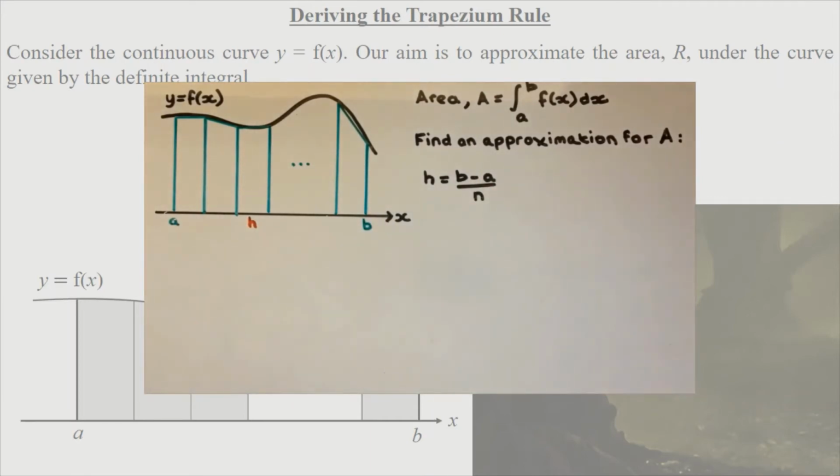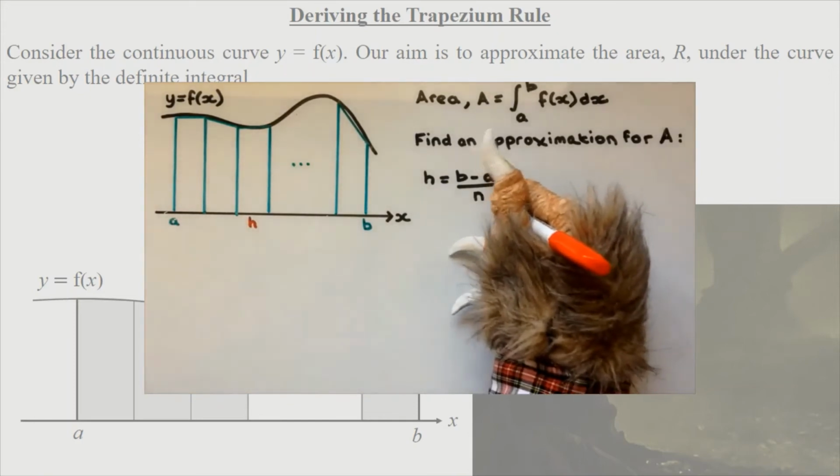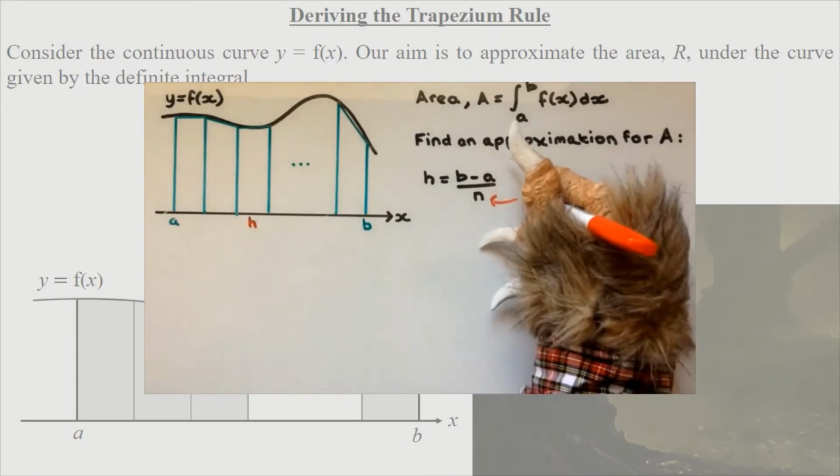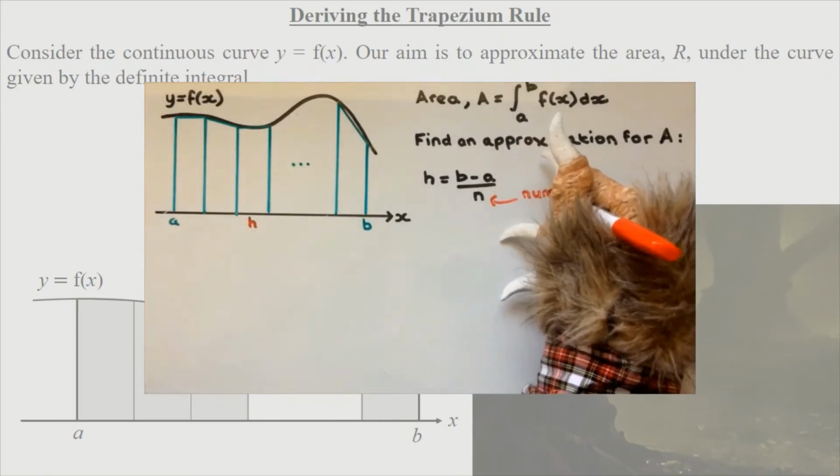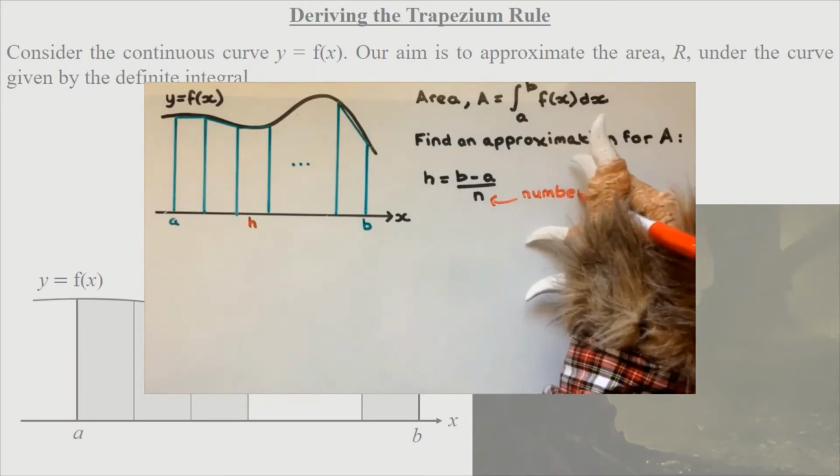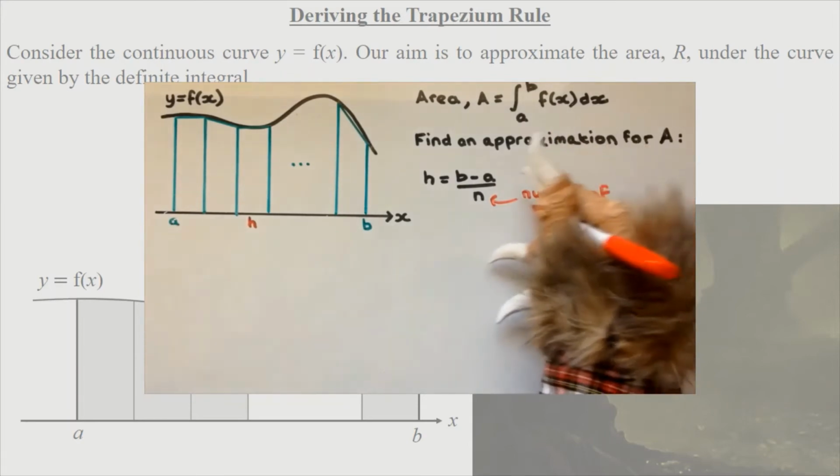And just make a note here, this is very important: n is going to be the number of trapezia. Please make a note of that.